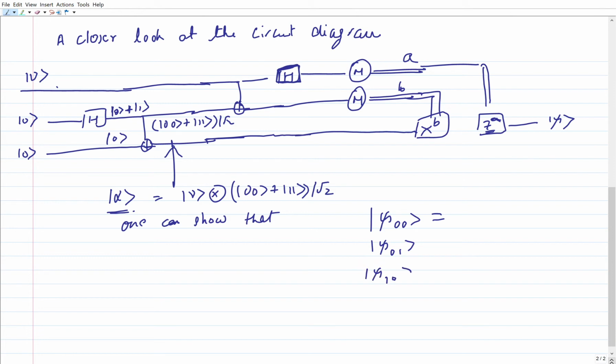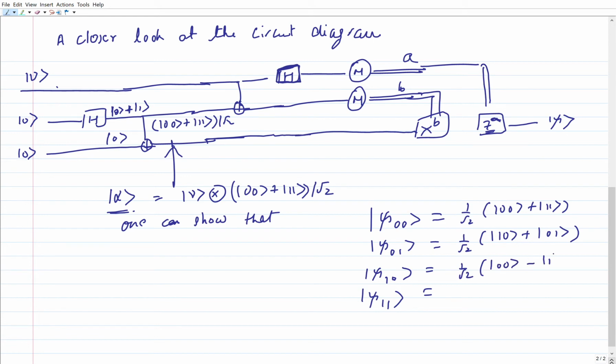Let me write down these 4 states again. These 4 states.